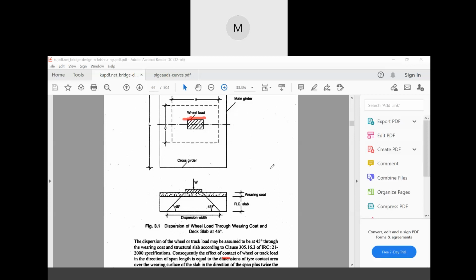So, as per this, the effect of contact of wheel or track load in the direction of span length is denoted by small u.